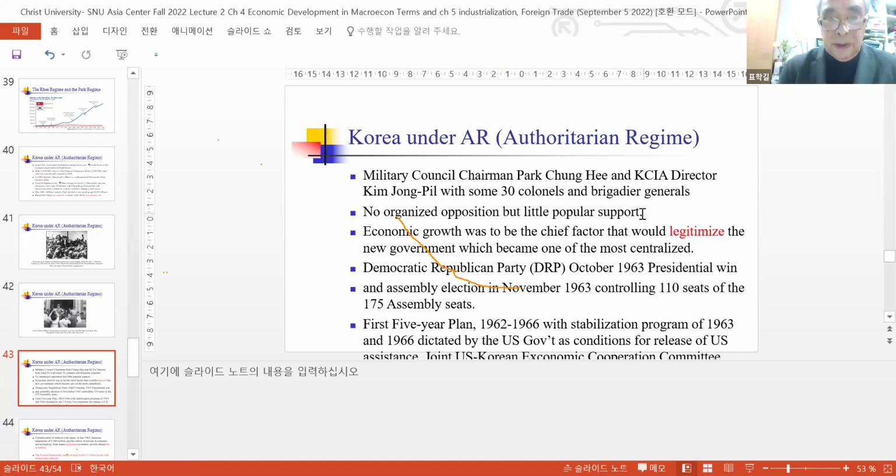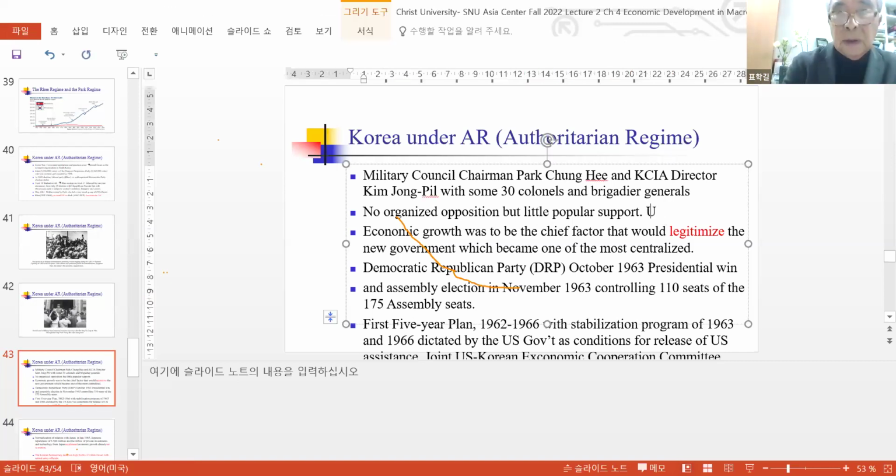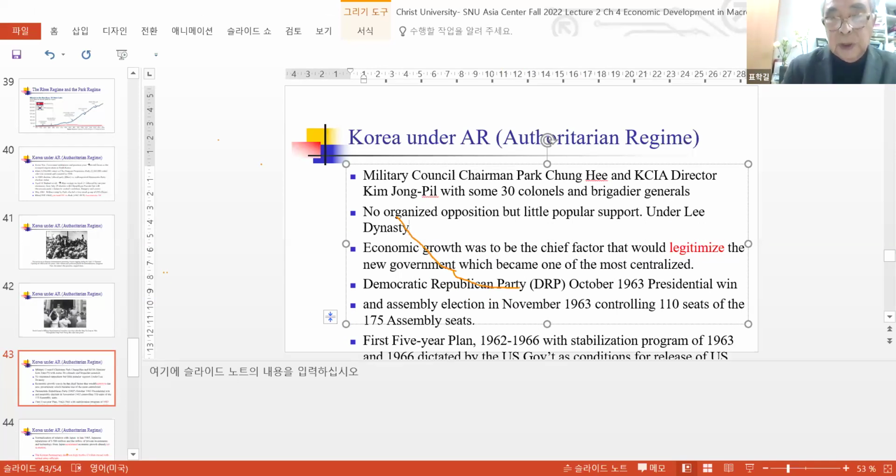Under Lee dynasty, so-called, there were two classes in ruling class. One class is so-called literate class. In Korean, we call 문반.